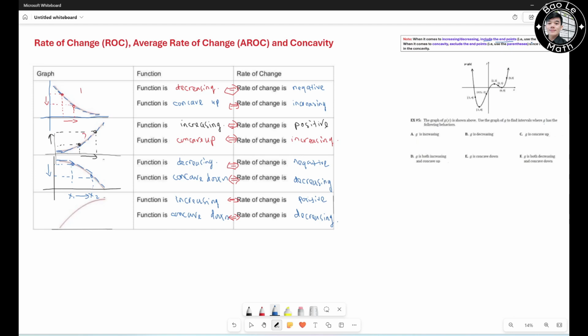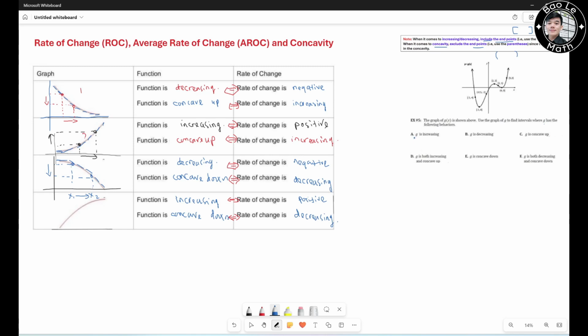Which means we're going to use the bracket like this or like this, because the endpoint is still inside the increasing or decreasing interval. But when it comes to the concavity, alright, you need to exclude the endpoints. Which means we're gonna use the parentheses like this, because the point of inflection is not in the concavity interval.